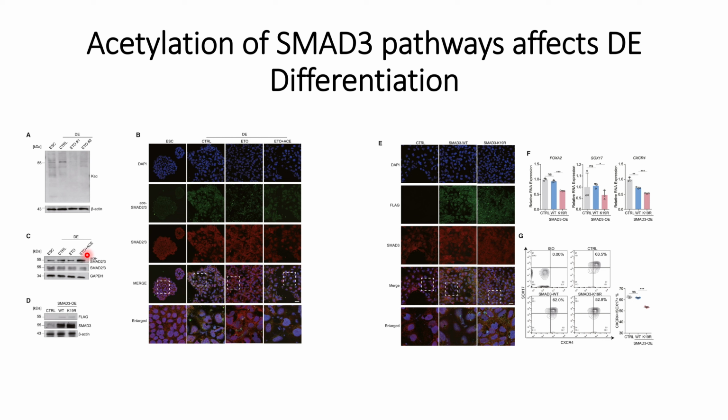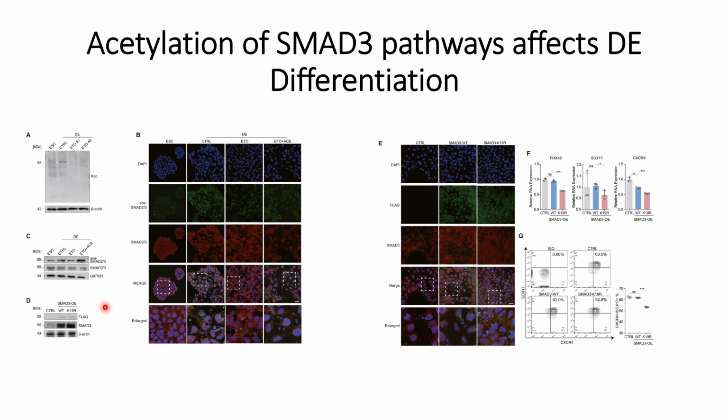When they prepared the mutations of SMAD2 and SMAD3, for the SMAD2 mutation they did not find any changes in the nuclear localization. However, for SMAD3, the mutant has a reduced nuclear localization compared to the wild type SMAD3.